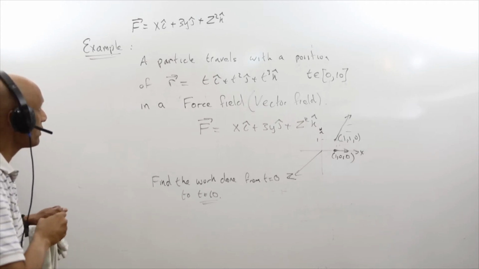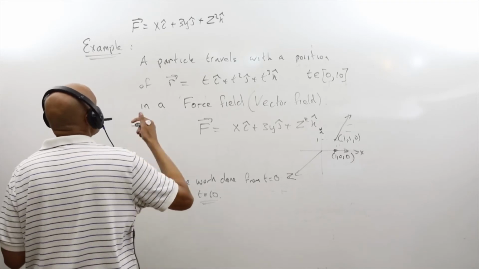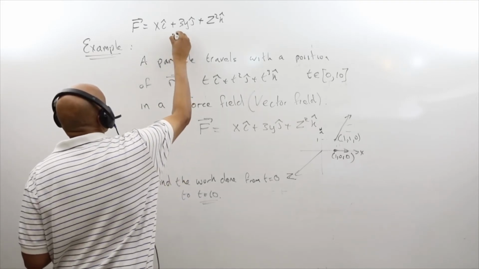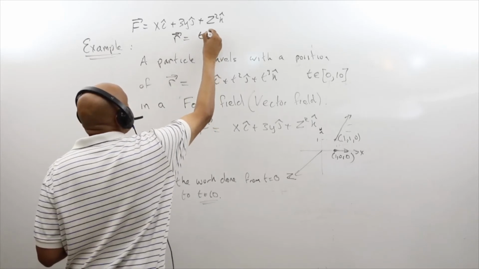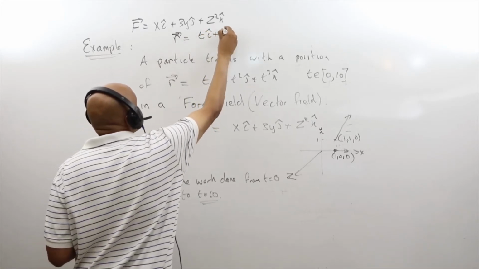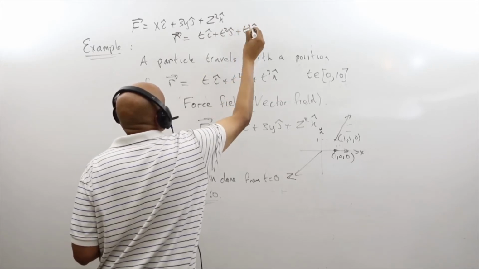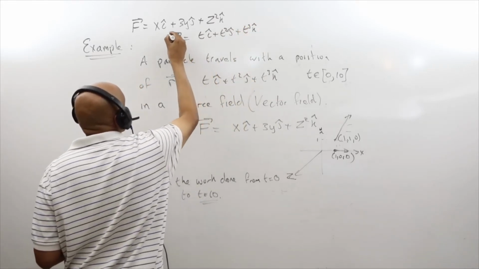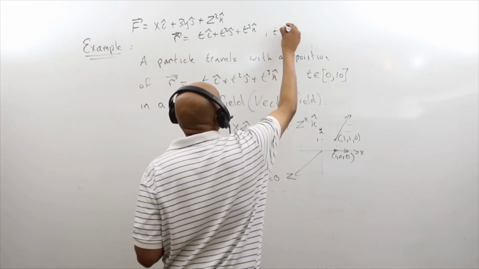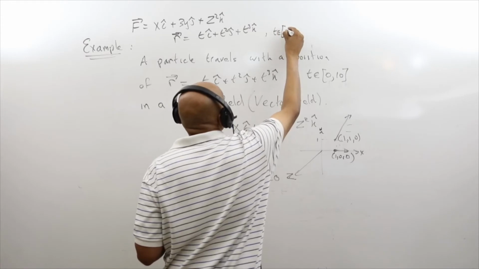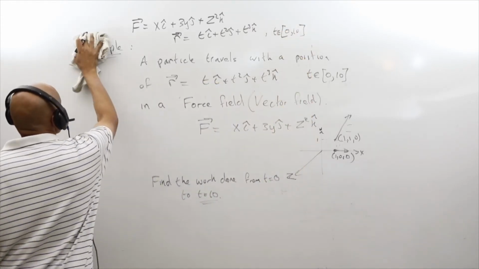It's got a positional variance, and we're told that the position vector is given by ti plus t squared j plus t cubed k. So it's our position vector. And we're told also that time is from 0 to 10, closed interval. So let me erase this and let's do our calculation.